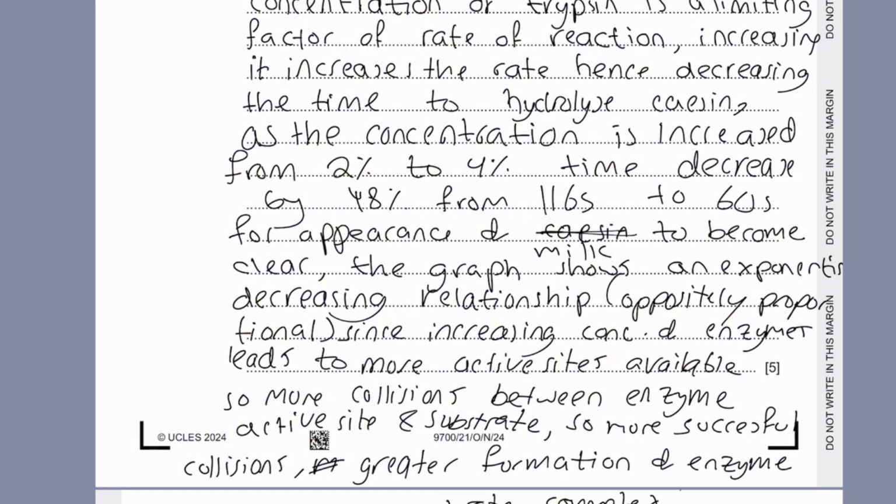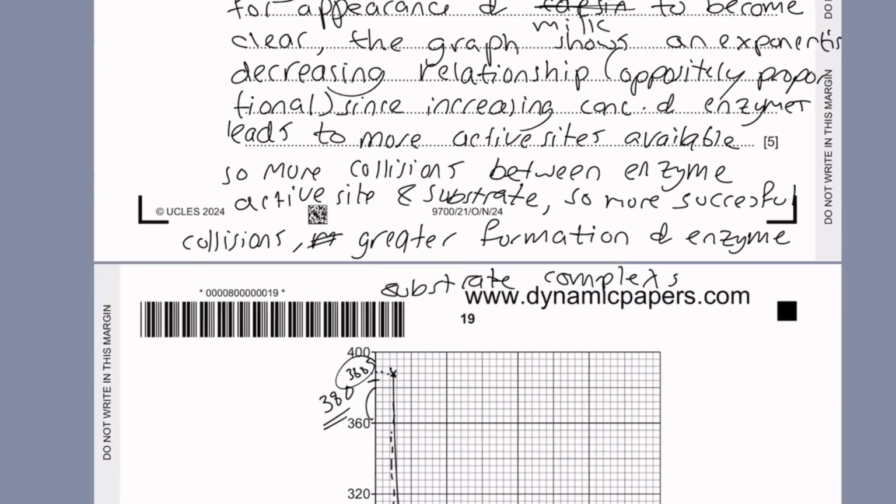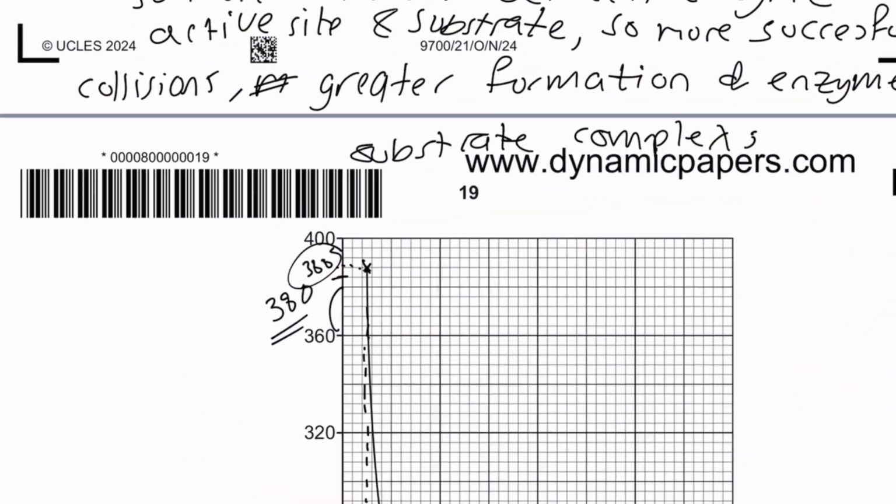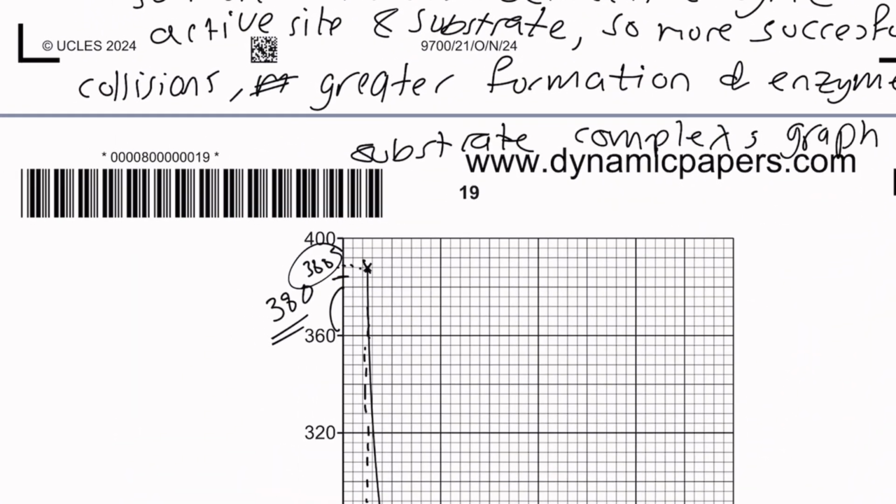And since there's a greater formation of enzyme substrate complex, then obviously this results in a greater rate of reaction, as well as maybe we could say that the graph never plateaus.